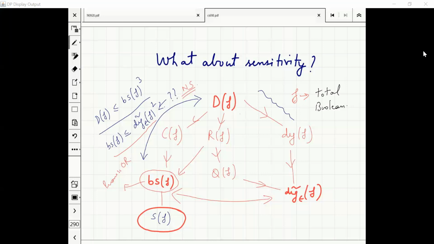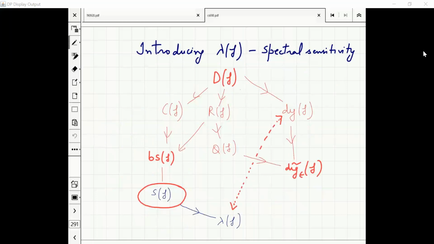In this setting, we want to relate SF with degree. And to do this, the result was obtained. Actually, it was shown that everything is polynomially related, including sensitivity. This was proved by Huang. And for that, Huang introduced another measure.